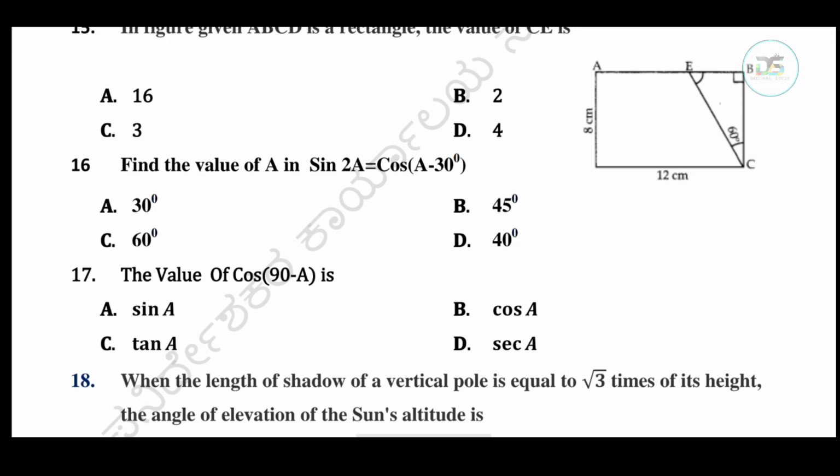Next question. The value of cos(90 − a) is, options are sin a, cos a, tan a, sec a. The right answer is option A, sin a. Next question.